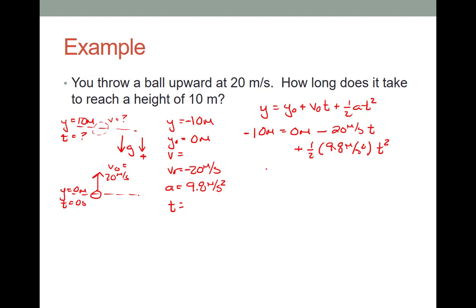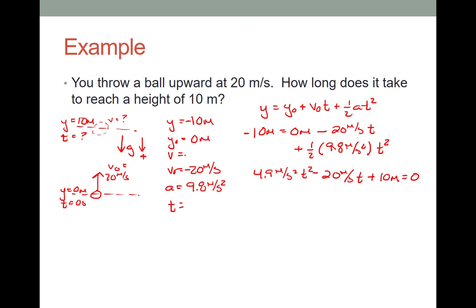I can now rearrange this equation. So it looks like 4.9 meters per second squared, t squared, minus 20 meters per second, t, plus 10 meters equals 0. And you may recall that to solve this, you have to use the quadratic formula.